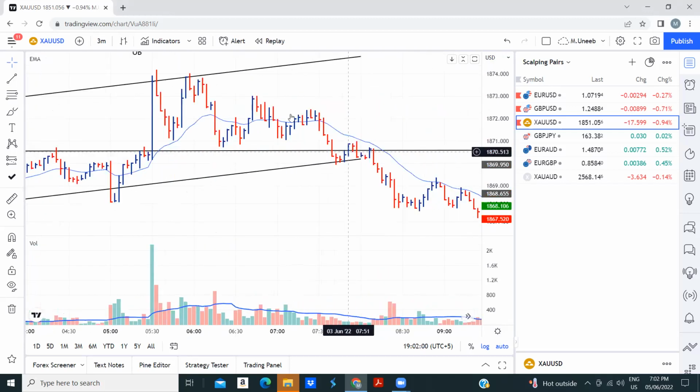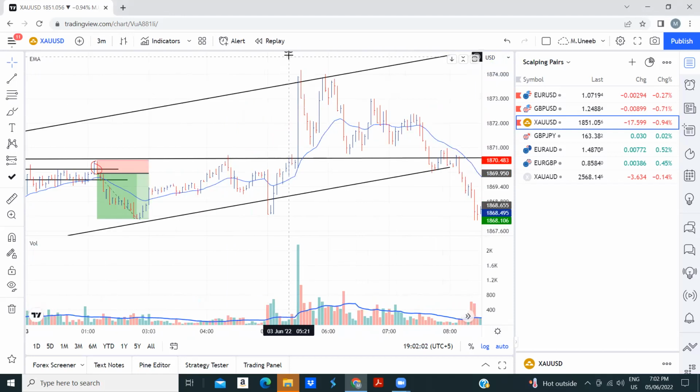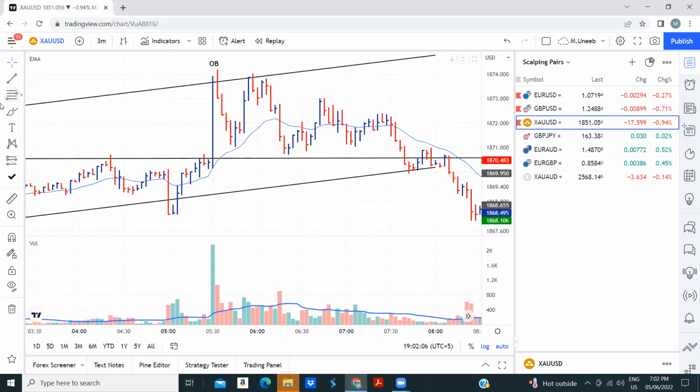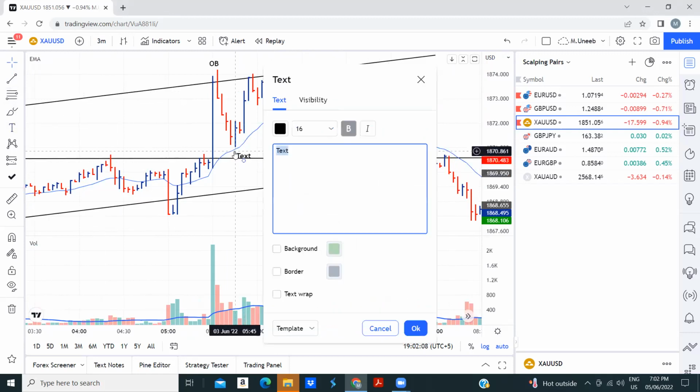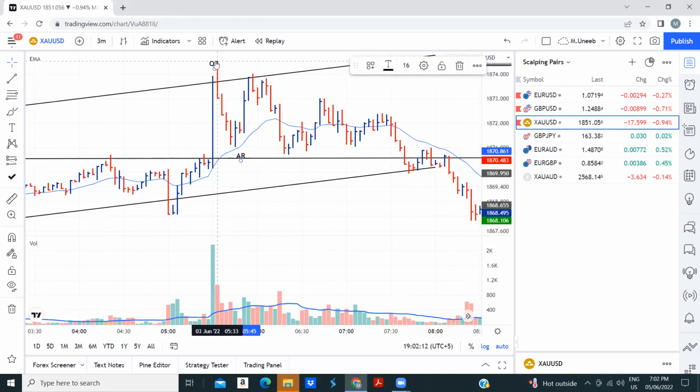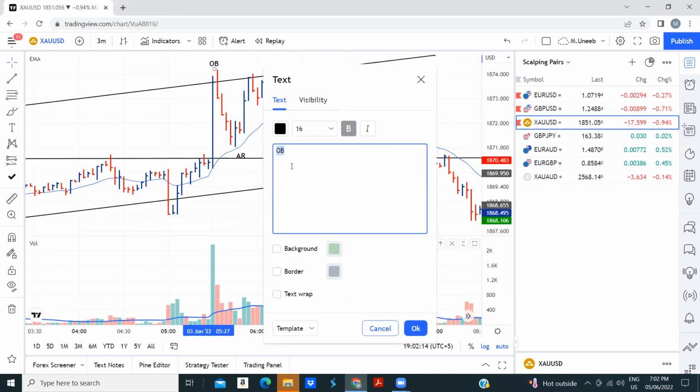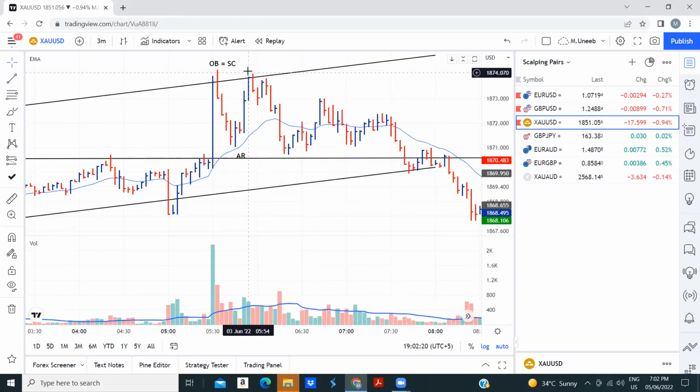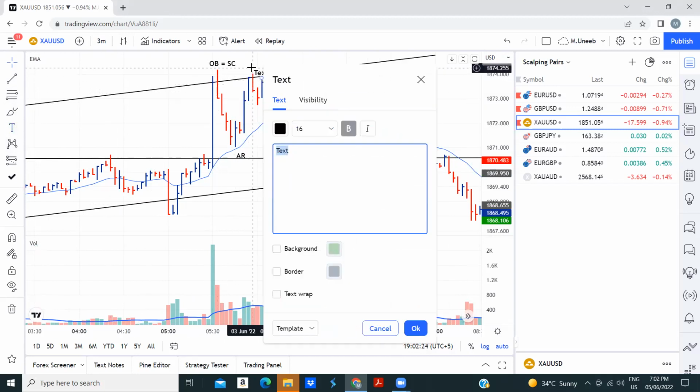This is AR. Overbought is also on very huge volume. So this is overbought plus selling climax. Okay, this one here. Secondary test.